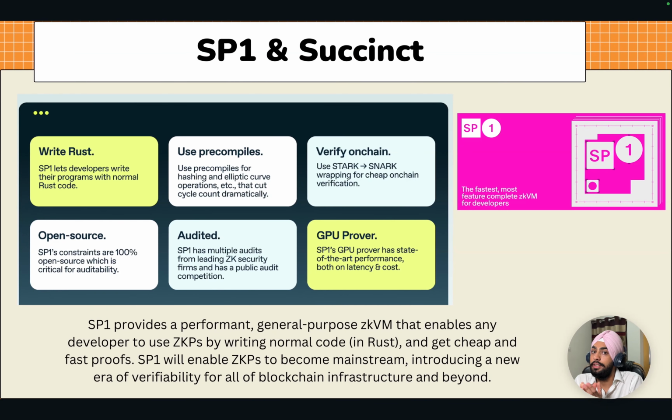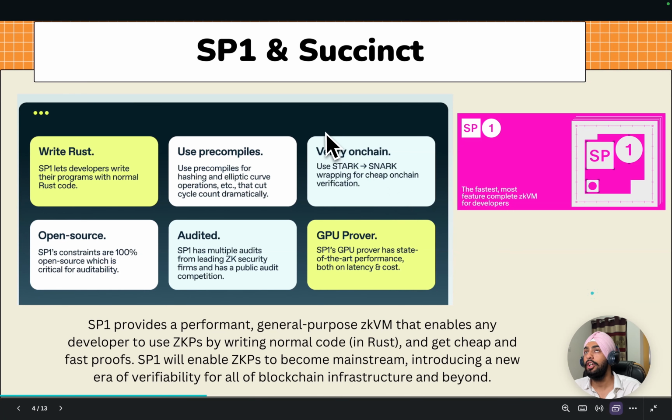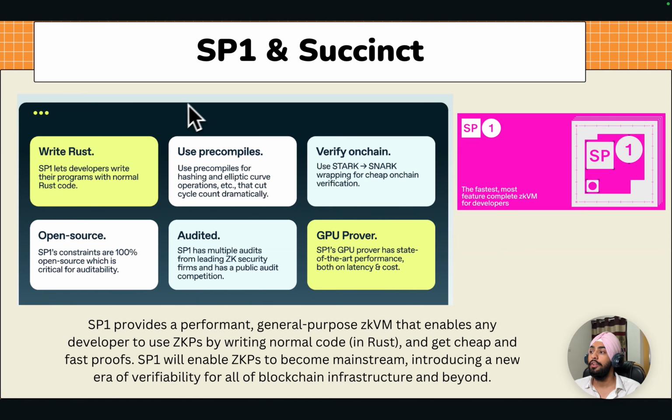So SP1 basically uses precompiles, right? So think of precompiles as some kind of shortcut for a complex task. In zkVMs like SP1, precompiles are specialized circuits designed to handle heavy operations such as hashing, elliptic curve computation, and signature verification, much faster than standard code, right?